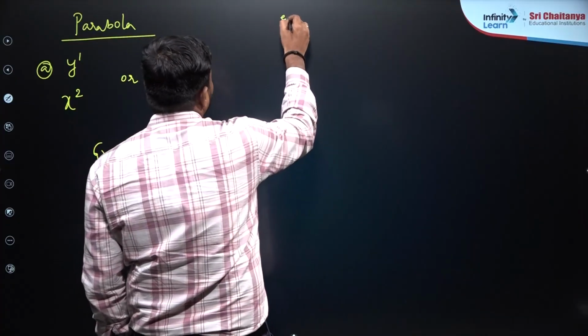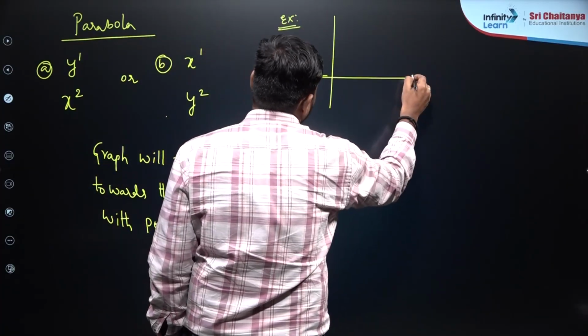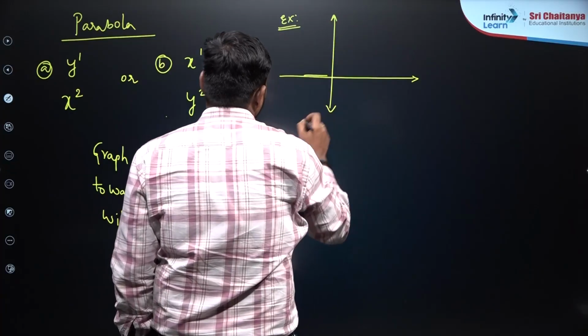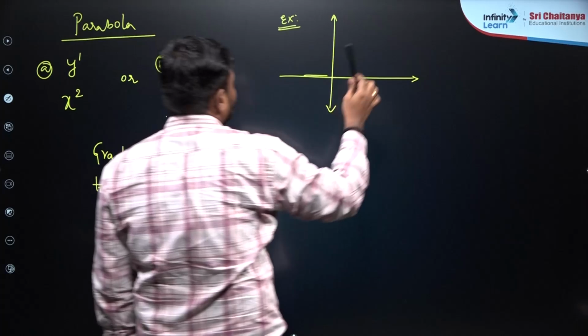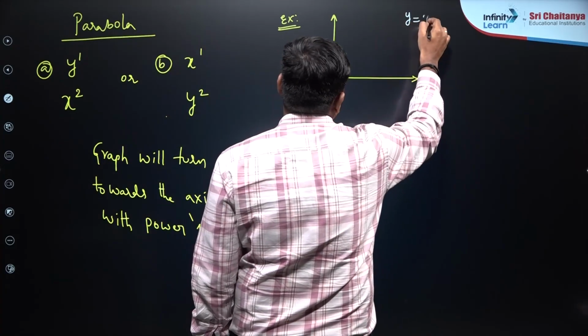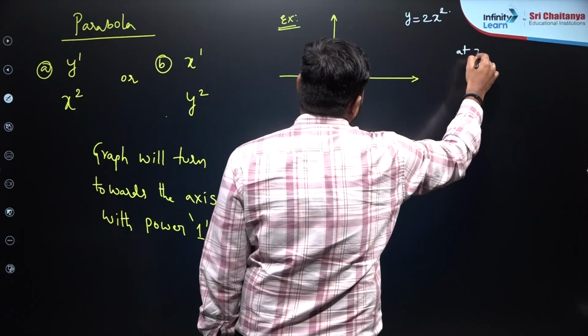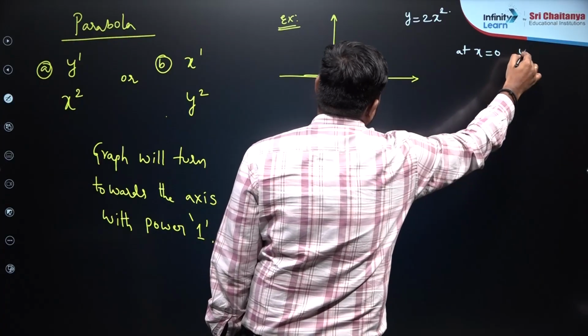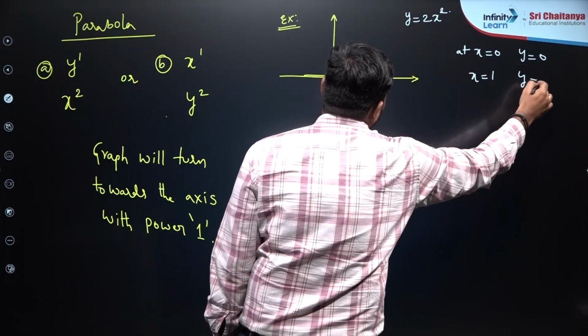Like an example if I give you, let us say they are saying y should be equal to 2x square. So what I will do, at x is equal to 0, y is 0. At x is equal to 1, y is 2.